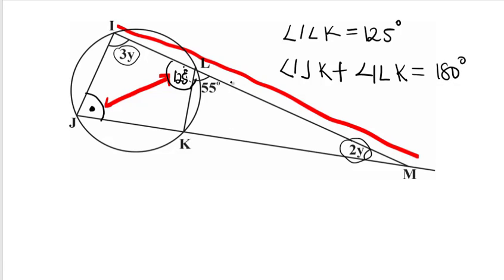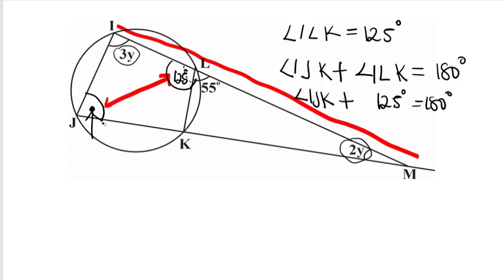So if you know that angle ILK is equal to 125, then we can find our angle IJK, that is the angle here.